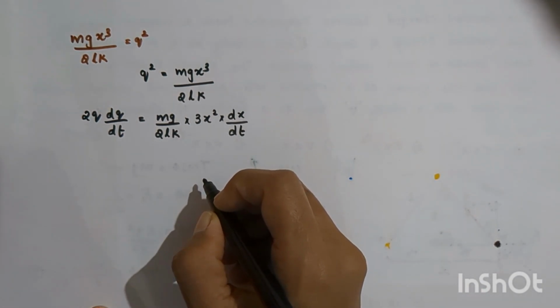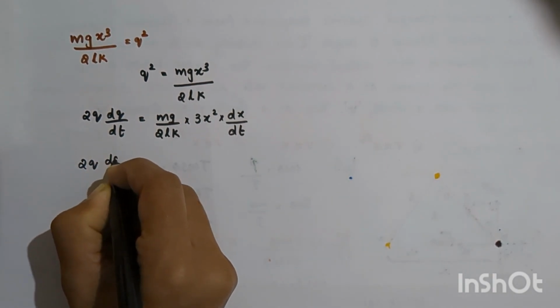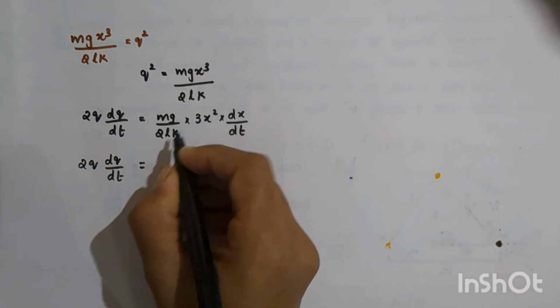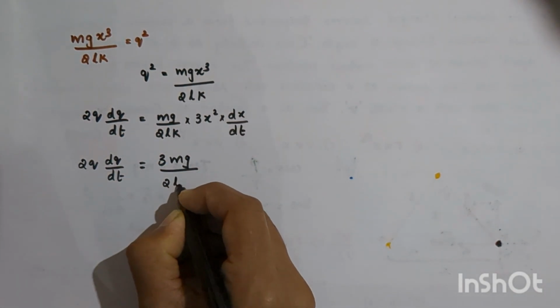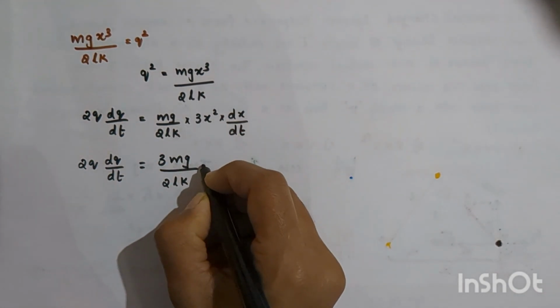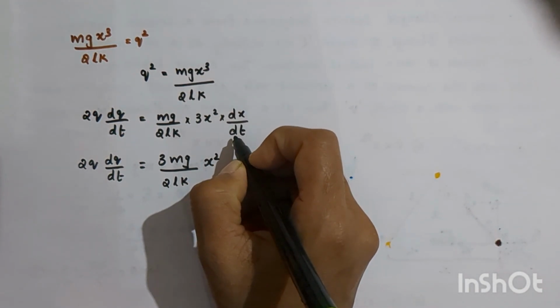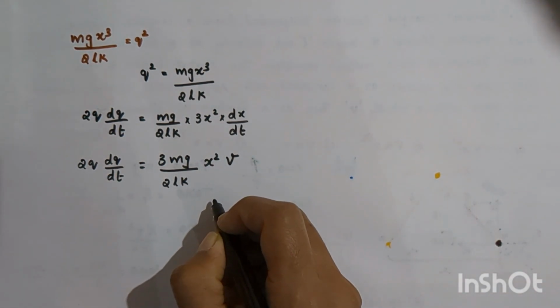So 2q dq by dt is equal to 3mg divided by 2lk into x square into dx by dt. What is this dx by dt? Dx by dt is the velocity, so that can be written as v.